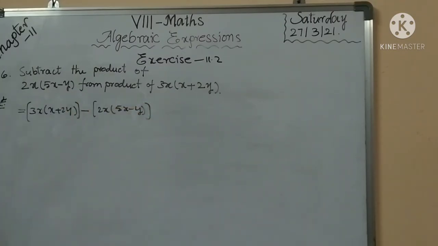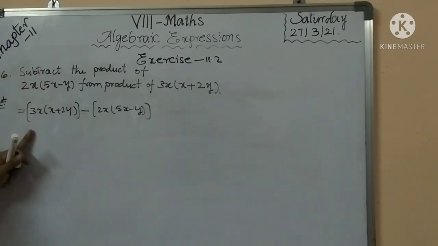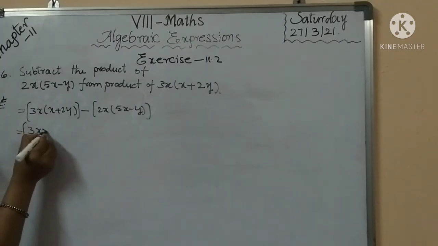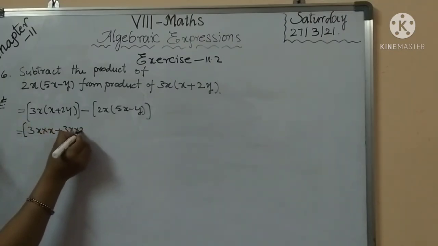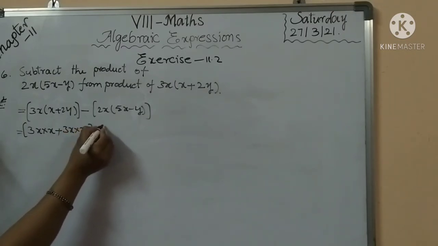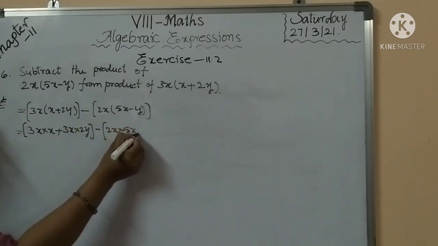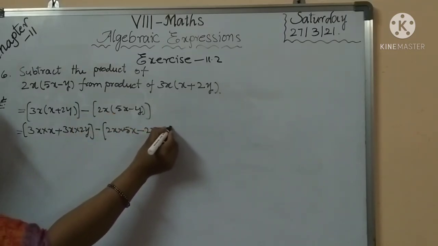Understand, children? Subtract the product of, first we should write the subtraction, after do the product. So here multiply each and every term: 3x into x plus 3x into 2y minus 2x into 5x minus 2x into y.